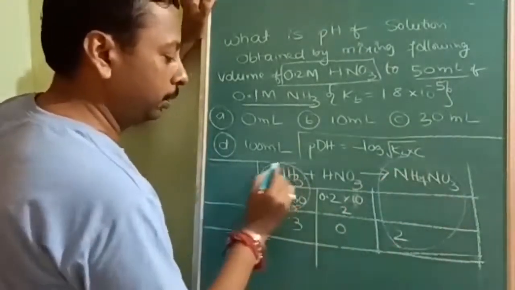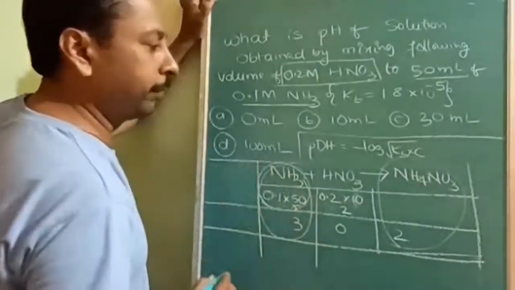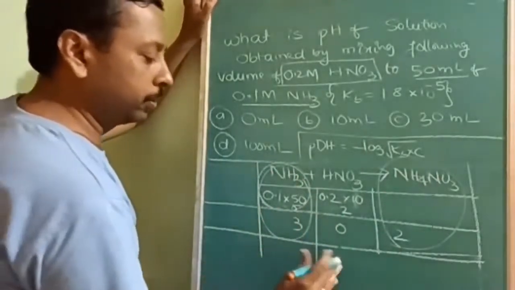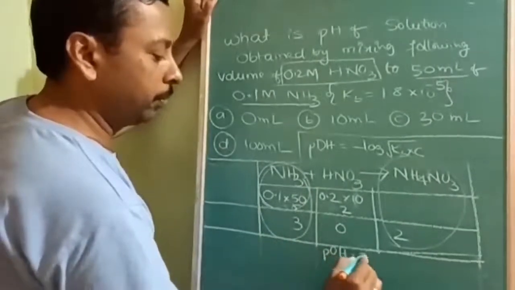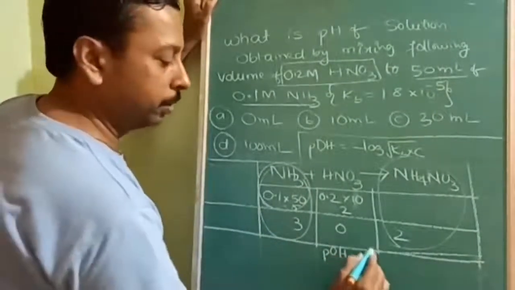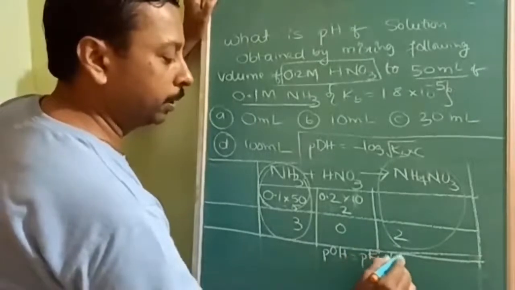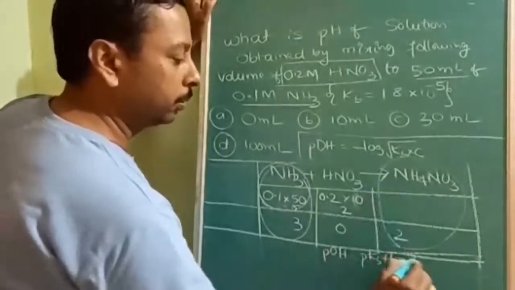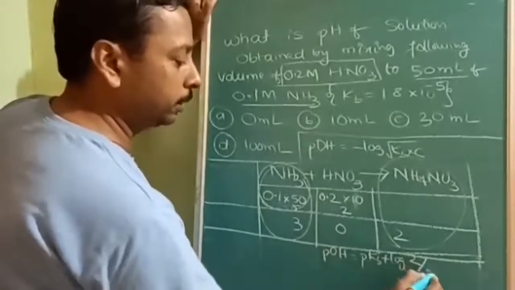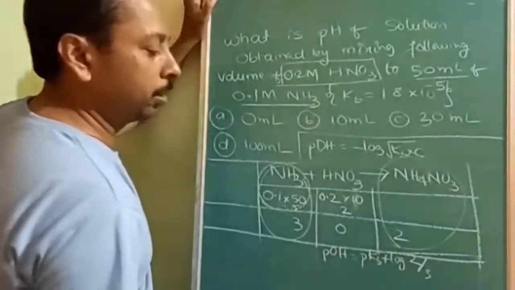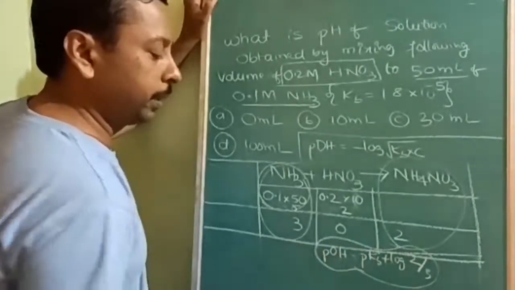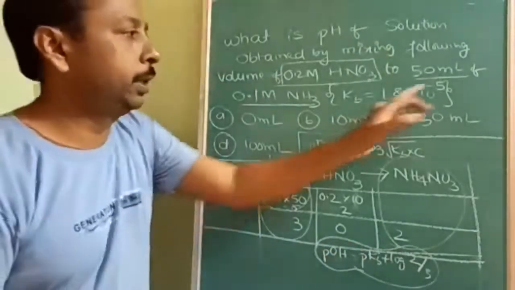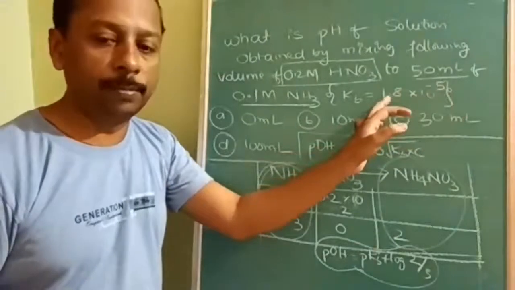Salt and base, so the buffer formula. pOH is equal to pKB plus log of salt upon base. Salt is 2 and base is 3, so log 2 upon 3. By this formula you can find out the second answer. pKB will be 5 minus log 1.8.